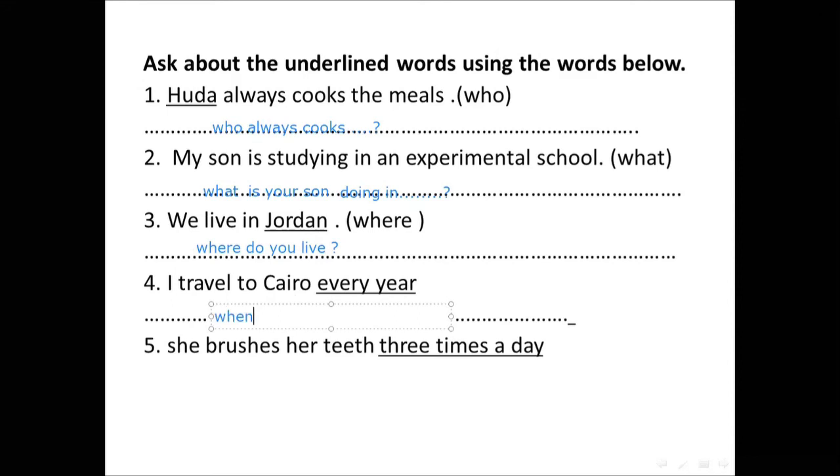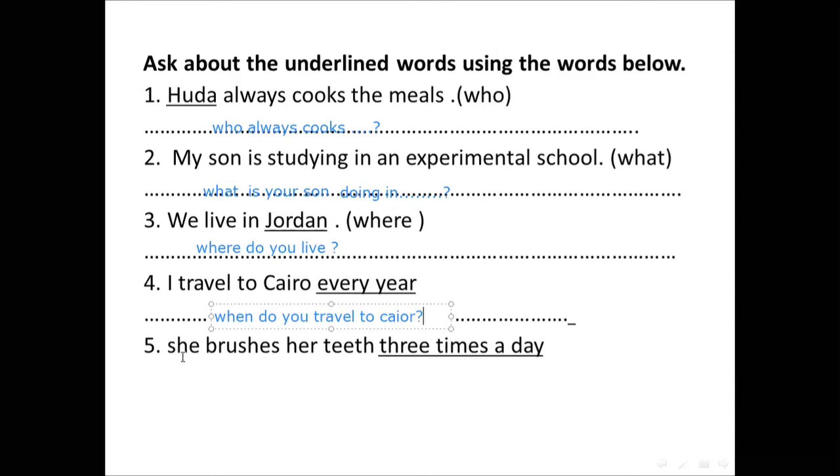Now also here I can use when do you travel to Cairo? When do you travel to Cairo? He said every year.